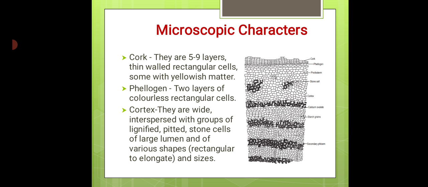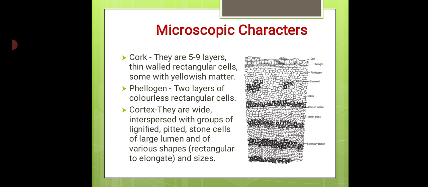Then microscopic characters of Holarrhena antidysenterica. In cork, the cork is 5 to 9 layers of thin-walled rectangular cells, some with yellowish matter. Then phellogen: there are two layers of colorless rectangular cells.